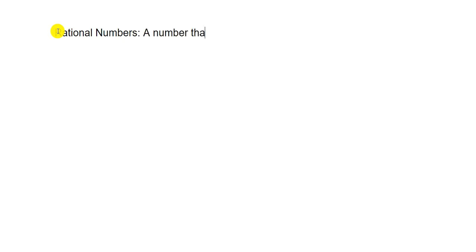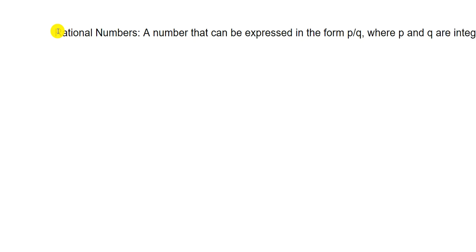A number that can be expressed in the form p upon q, where p and q are integers, and there is one more condition: q should not be equal to 0. Any such numbers are called rational numbers.